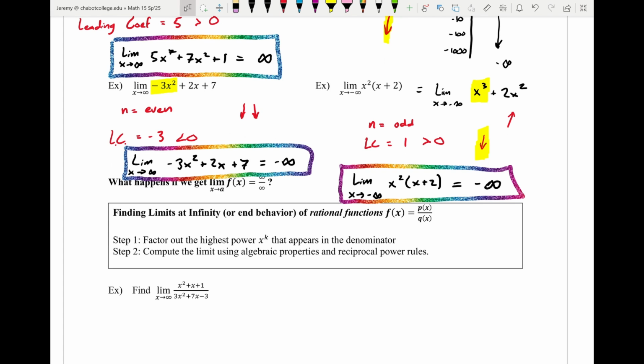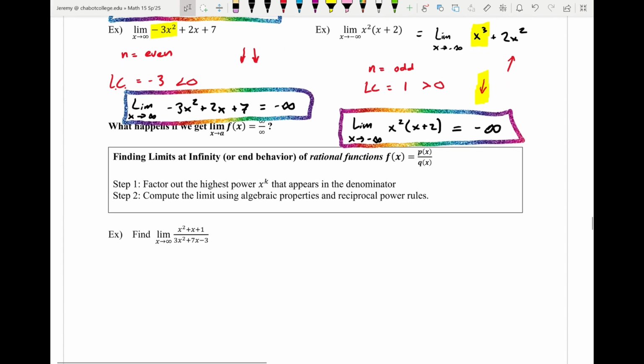Rational functions are functions in the form p of x over q of x, where p and q are both polynomial functions. So our method for this is, first we're going to factor out the highest power x to the k that appears in the denominator.